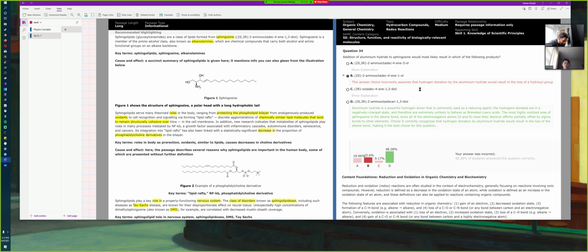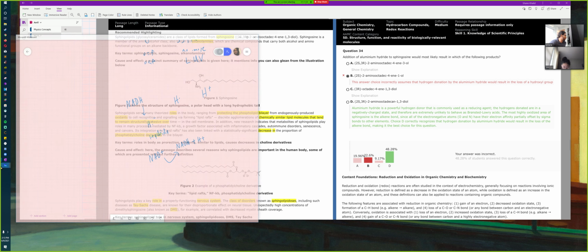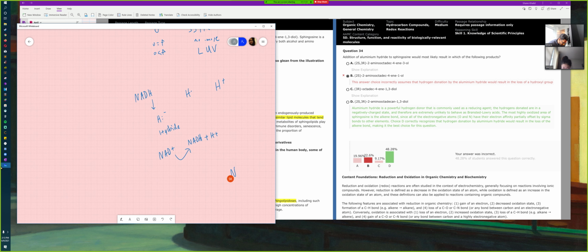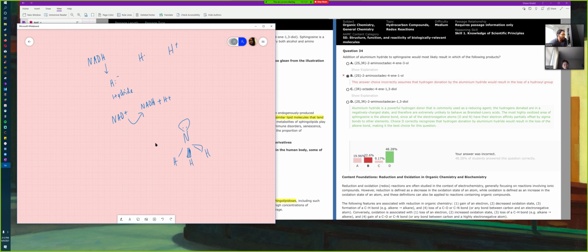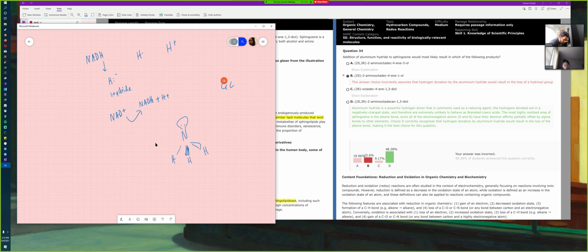What happens with ammonia is, ammonia has a lone pair, so it's going to reduce things. Gain of electrons is reduced, so if it reduces stuff, it's going to donate.